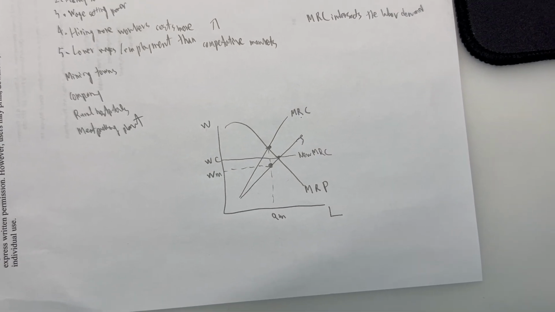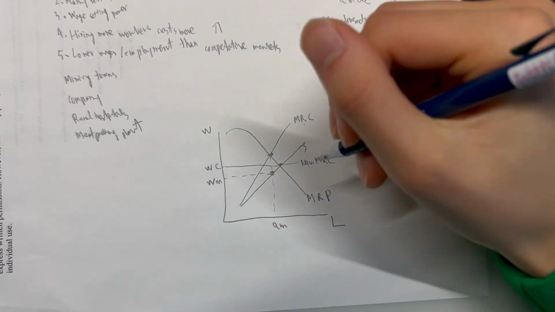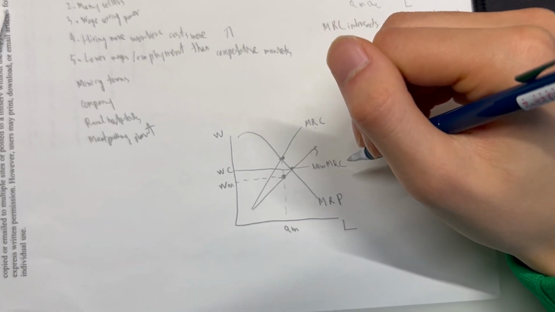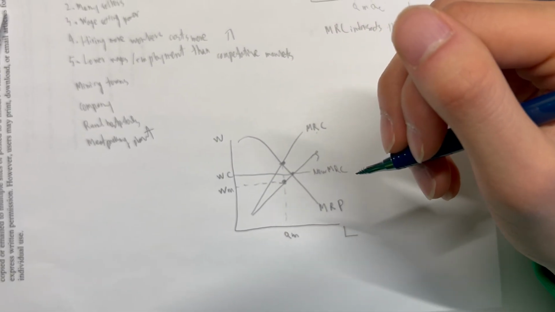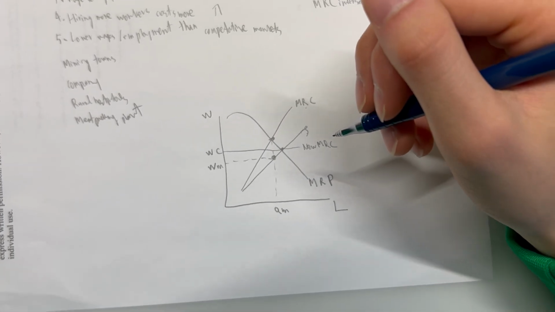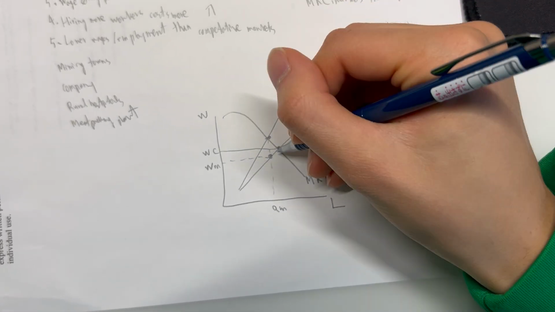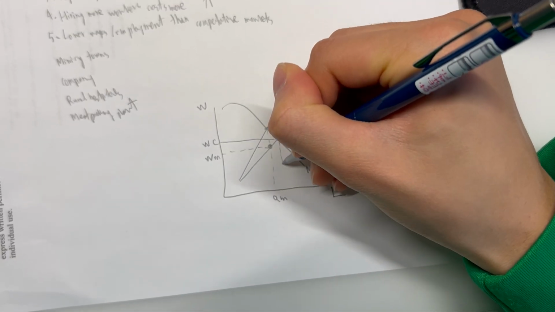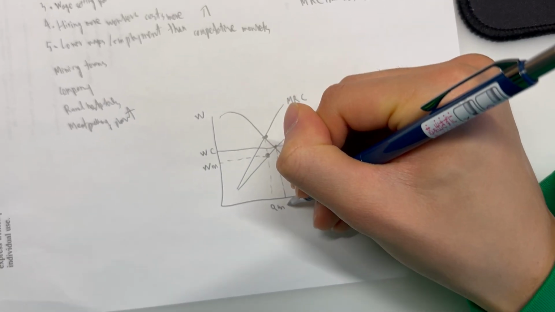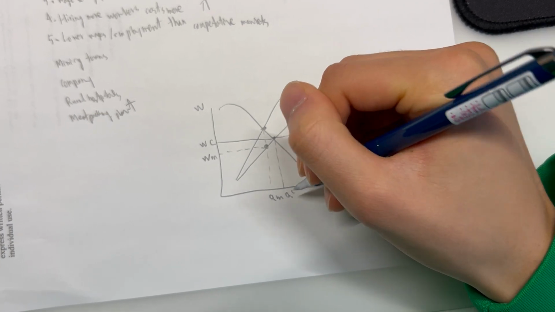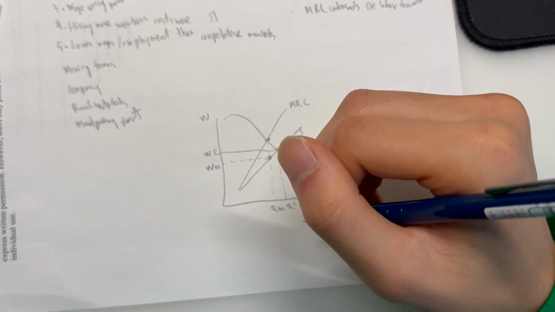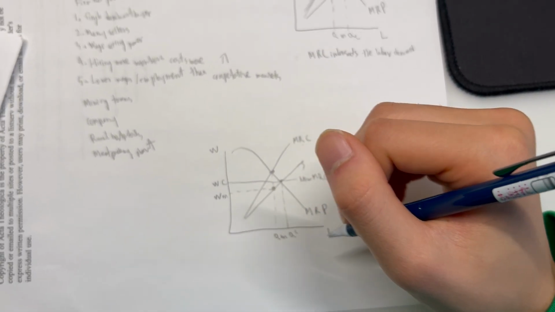And to find the new hiring quantity, this is going to be where the new MRC intersects the labor demand MRP curve, which is right around here. So let's label it QC. Now the firm hires workers where the new MRC intersects demand.